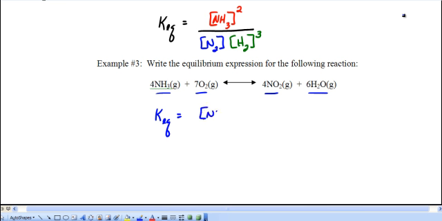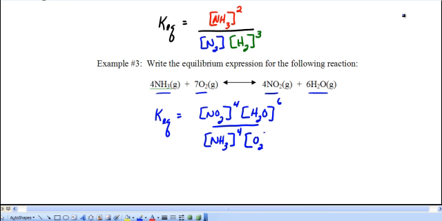We have the NO2 raised to the 4th power times the water raised to the 6th power over the ammonia raised to the 4th power and the oxygen raised to the 7th power. All right, so there you go. That's how you write out the laws of mass action, or the equilibrium expressions for various equations.